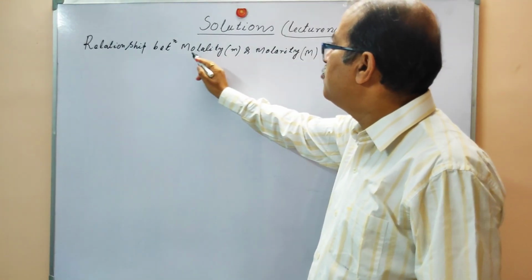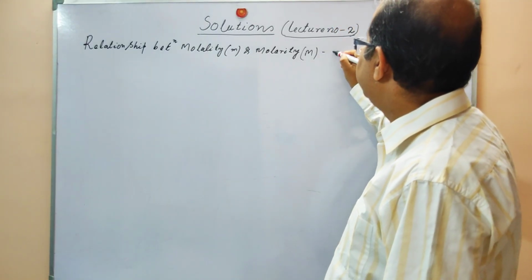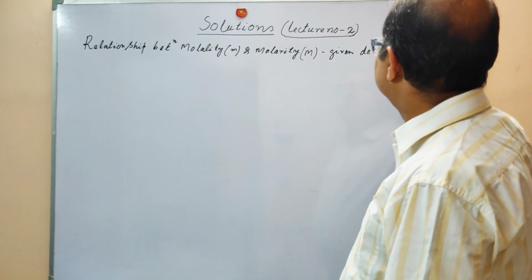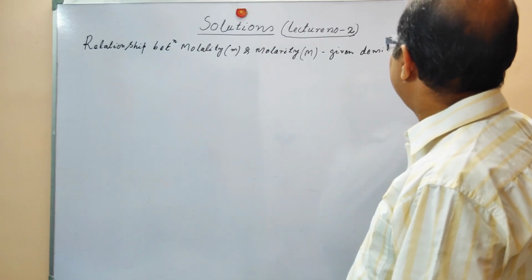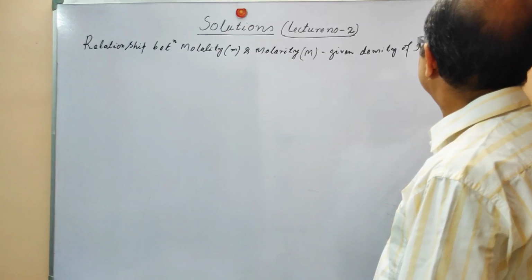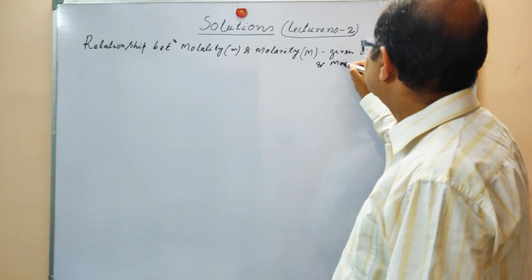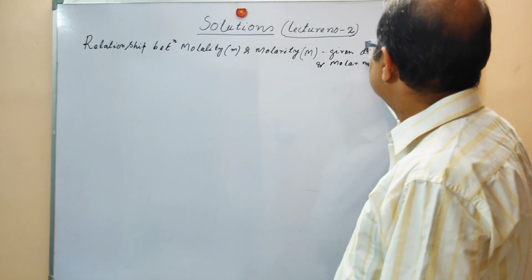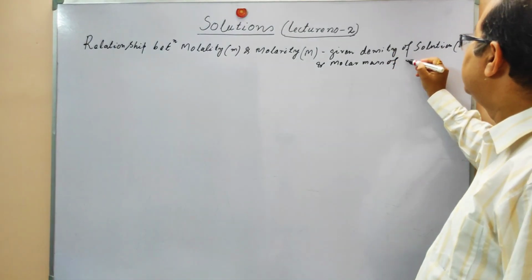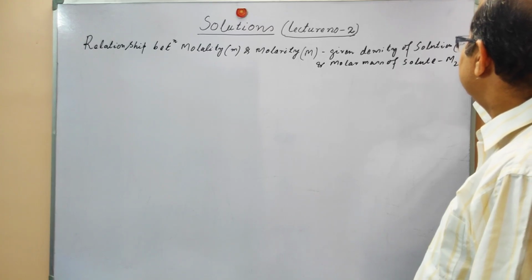We know molality is expressed with small m and molarity is capital M, and you have been given the density of the solution as D and the molar mass of the solute as M2.